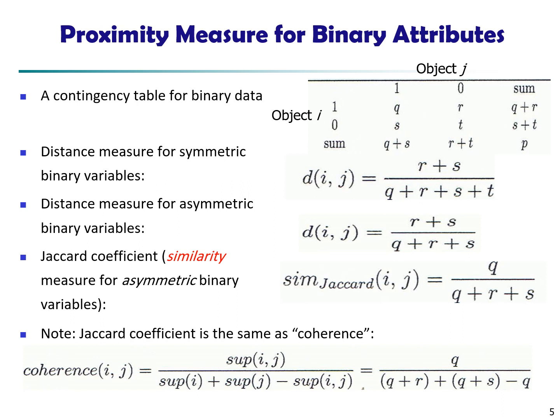Now, for binary attributes, the proximity measure depends on whether the variable is symmetric or asymmetric. If the binary variable is symmetric, we will be using this formula. And if the variable is asymmetric, we will be using this formula.